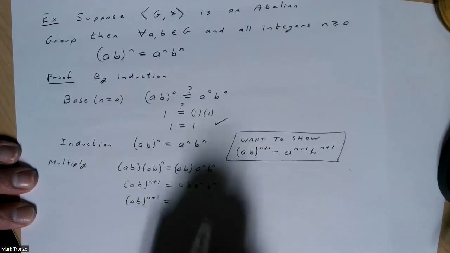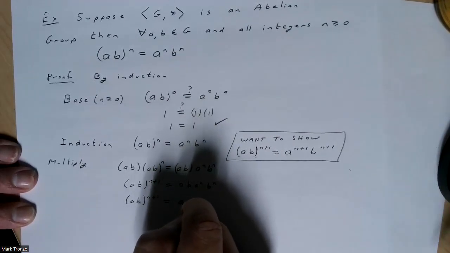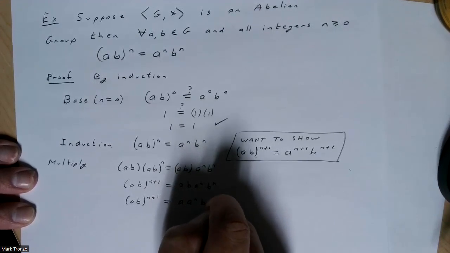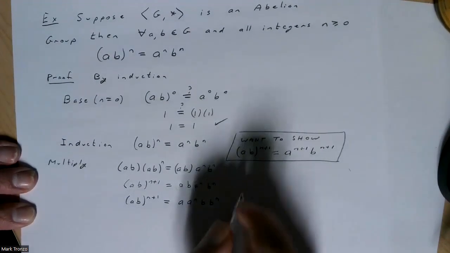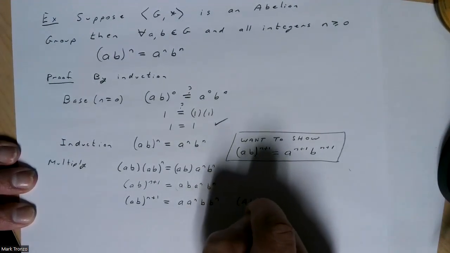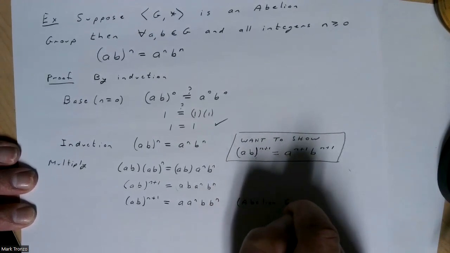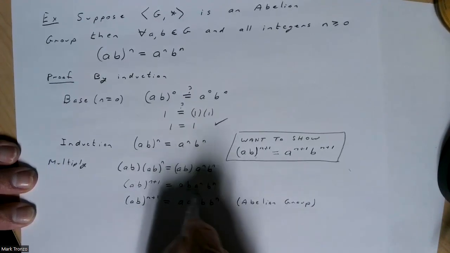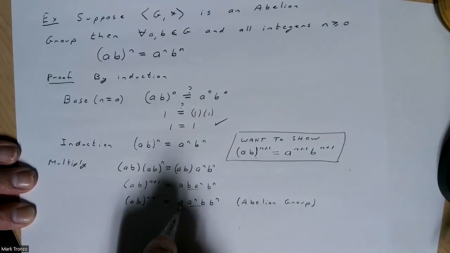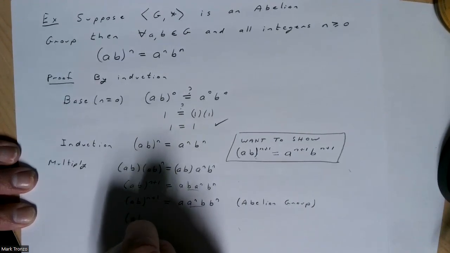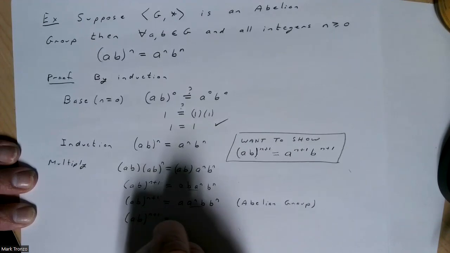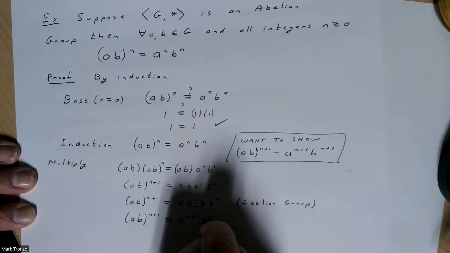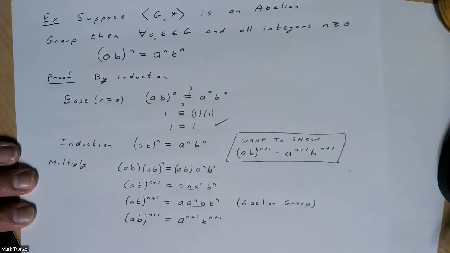Again, let's flip those middle two. That'll be A, A^n, B, B^n. Again, we're allowed to because it's an abelian group and the members commute. So we flipped the order of these two. And then, of course, here we're going to get A^(n+1), B^(n+1), which is what we're trying to show.